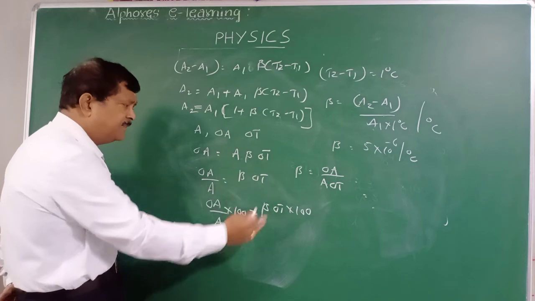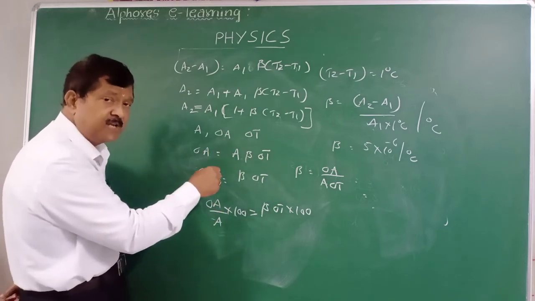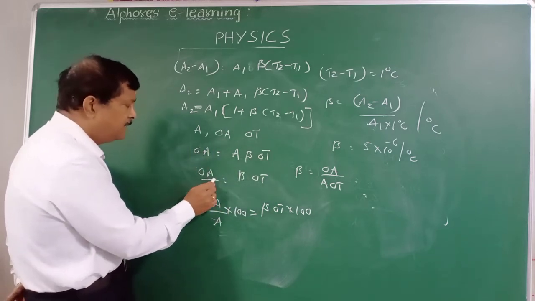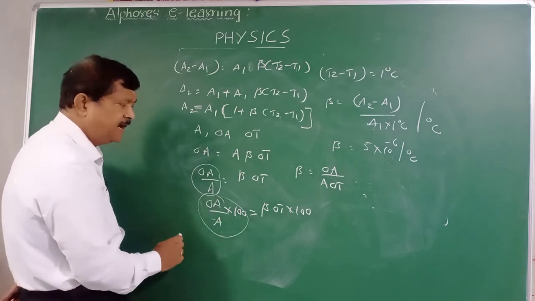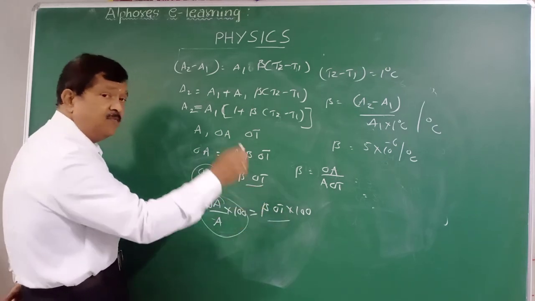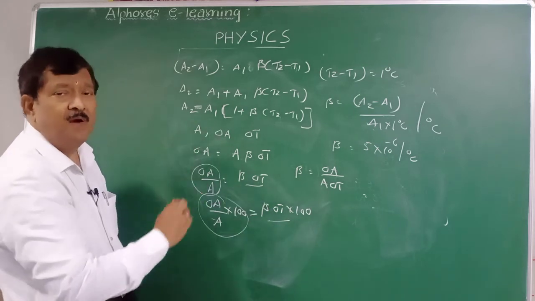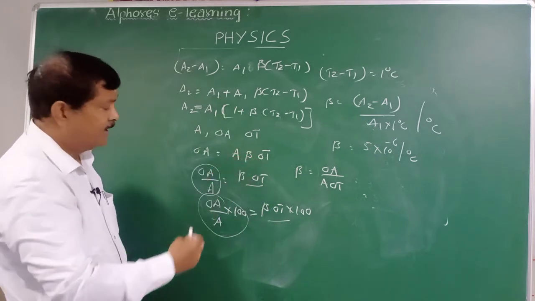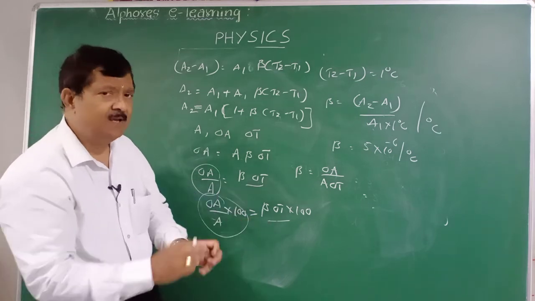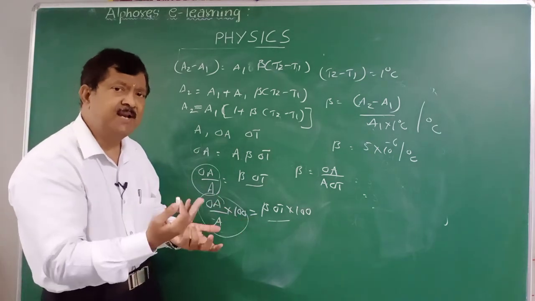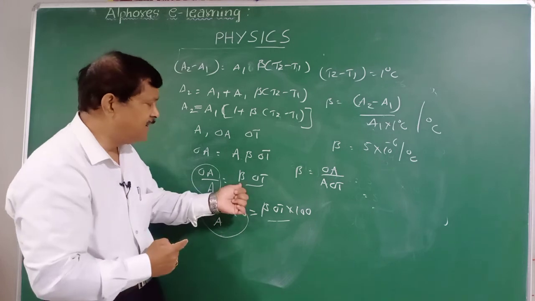Very clearly from these equations, as in linear expansion, fractional change and percentage change in area are both independent of initial area. Whatever the initial area, they do not depend upon it. They depend only on the value of beta.